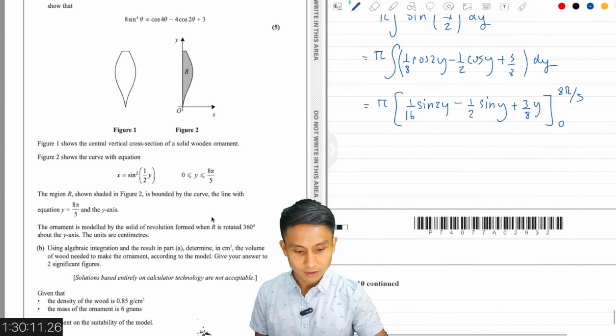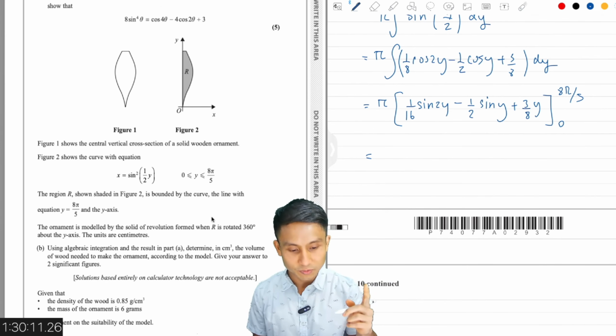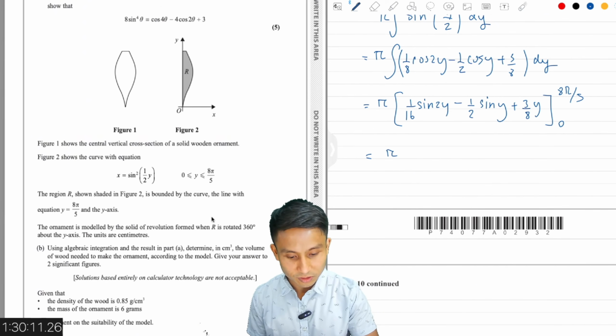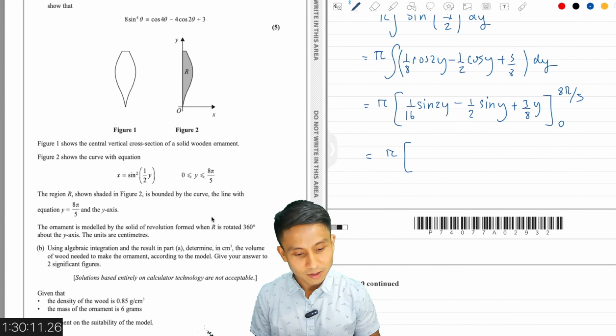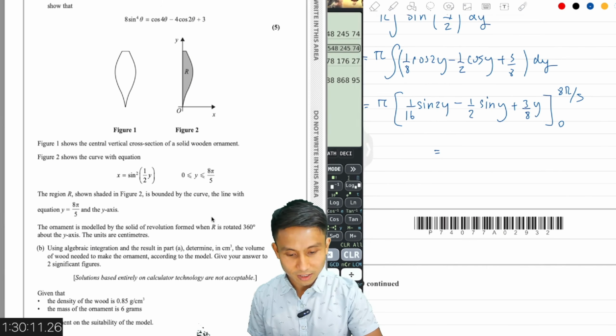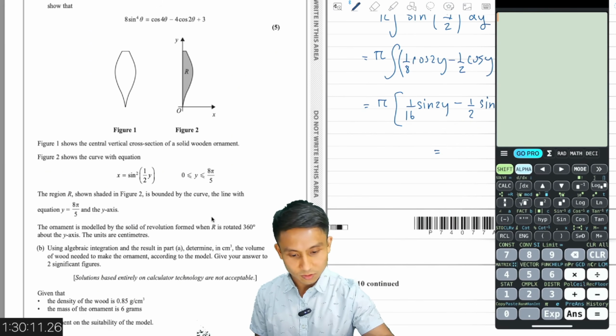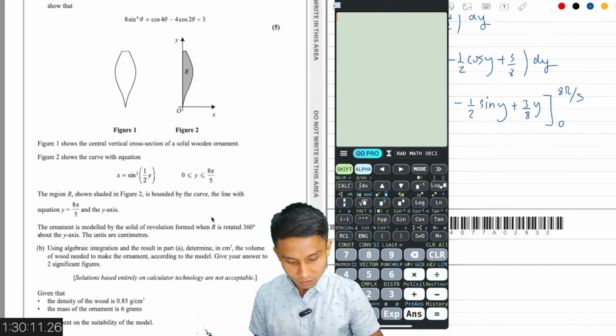Okay, so if we sub the lower limit in, everything will disappear, so that's convenient. We're just going to sub the other one, which is 8 pi over 5. So let's just use a calculator. I'm going to do 8 pi over 5 and store that as an answer first.